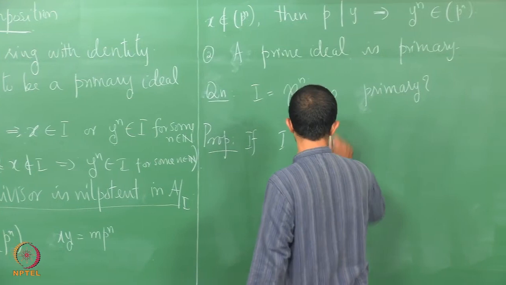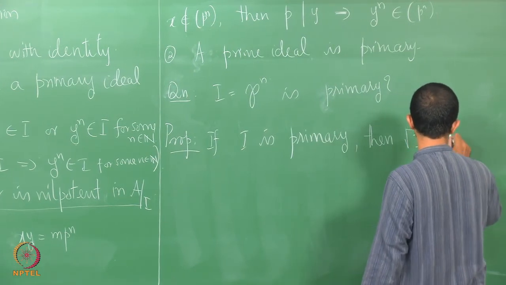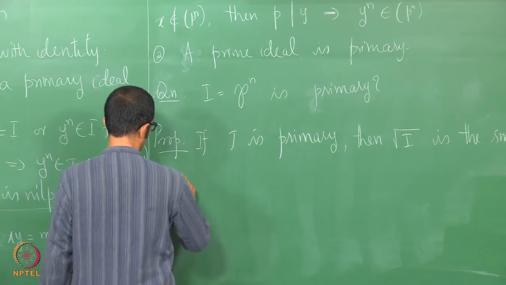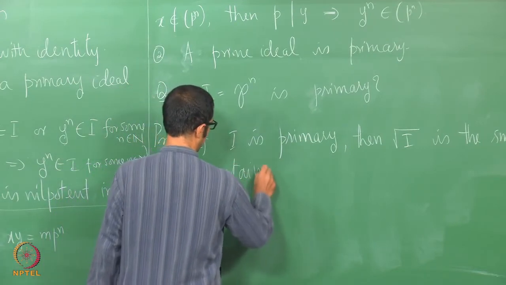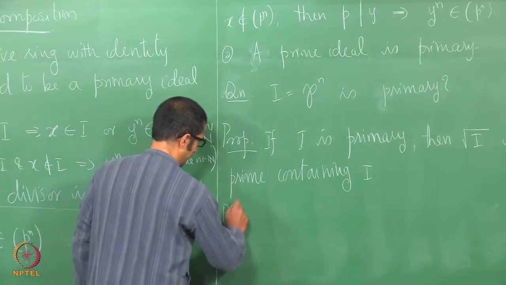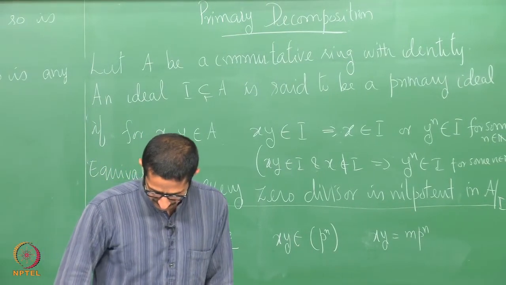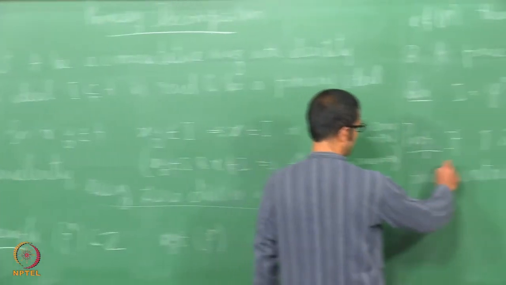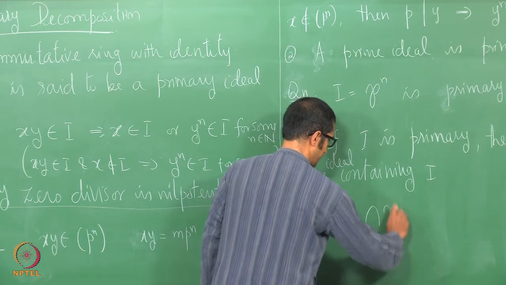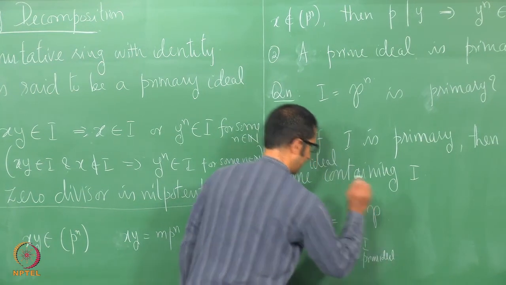that if I is primary, then the radical of I is the smallest prime containing I. See, we know that the radical of I is the intersection of prime ideals P containing I, right?